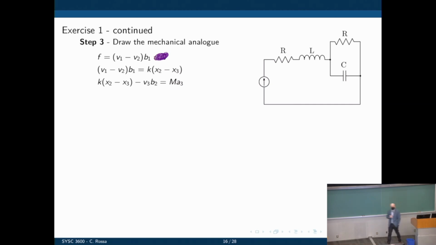Now let's convert these equations into the equivalent mechanical diagram. Let's start with the first one. What is the first one? The first one clearly is a damper. We have speed times coefficient of viscous friction that creates a force. So we have the force developed in the damper. On one side of this, we have one speed, V1, and on the other side, we have another speed, V2.